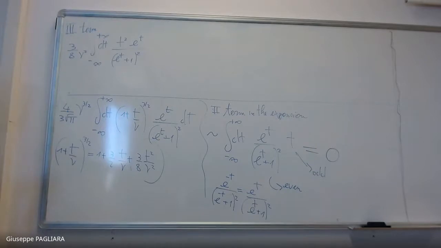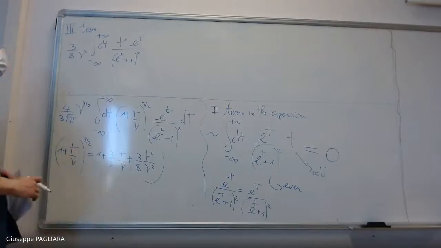Let me multiply the guy by e^(-t). There is a trick to do it. Let me see what was the trick.